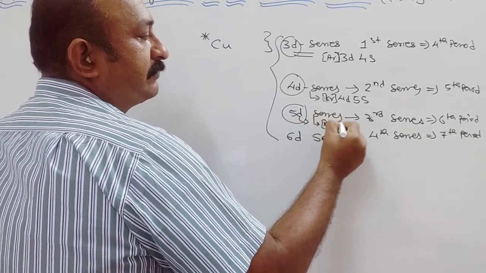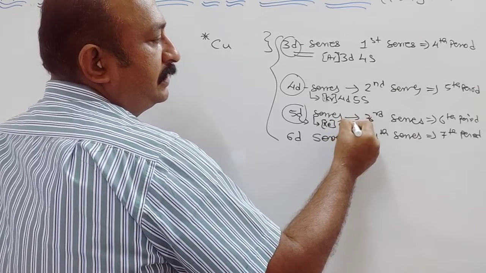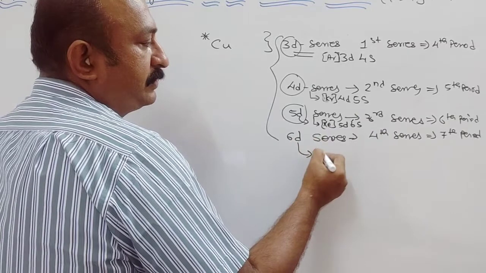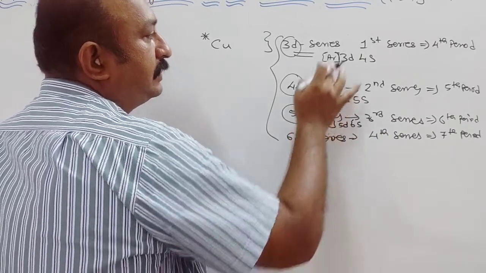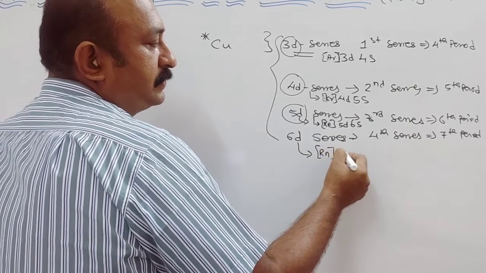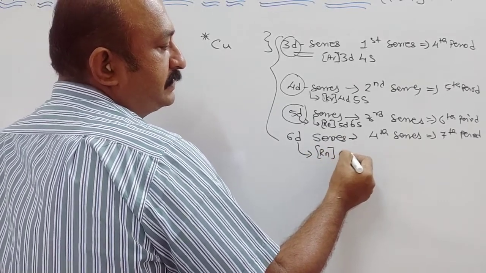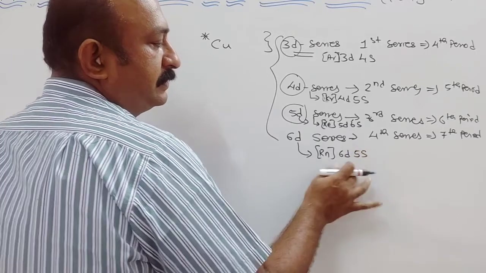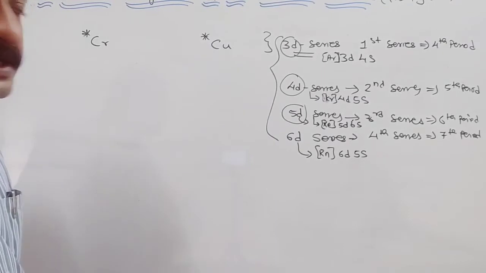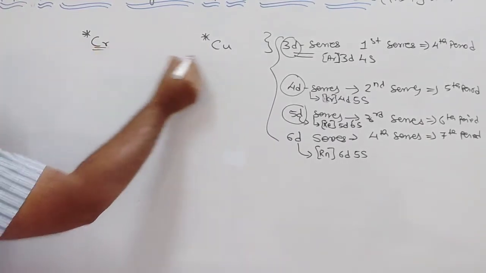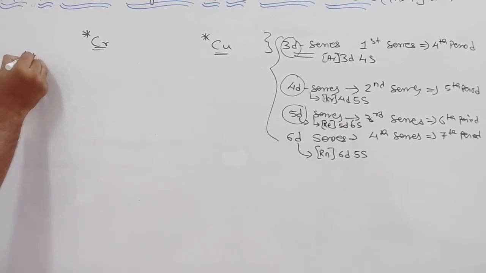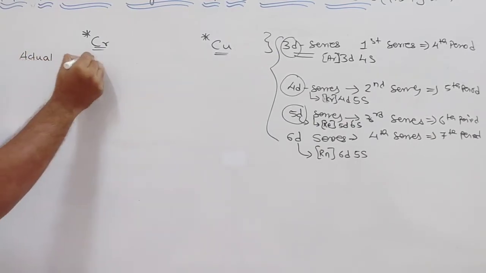Xenon, and 5d is there. Then 6s will be there. One you have to increase. In that, argon, krypton, xenon, radon will be taken as common. So here it will be 6d 7s. Understood? So this many series we are going to study. Now when we talk about chromium and copper, okay, so chromium, the actual, then instead.